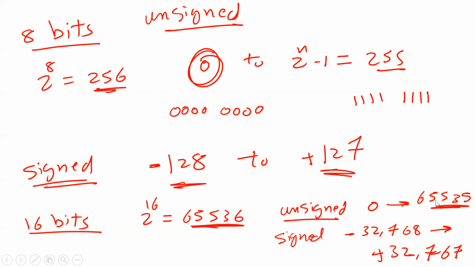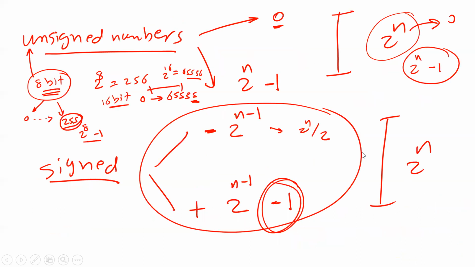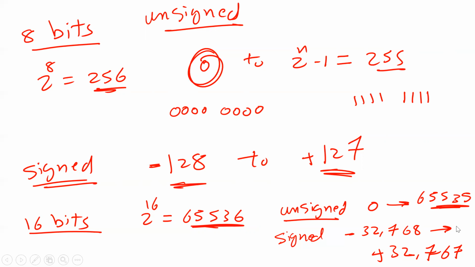But anyway, what if you need a number bigger than this one? Very easy. A word is not enough, so you need to use something bigger than a word, because this is space, right? So for now, you should know, number one, if you have an n-bit number, and most of the time we're going to focus on 8 and 16, as I told you, you should know how many numbers we can represent in an n-bit number, which is 2 to the power n.